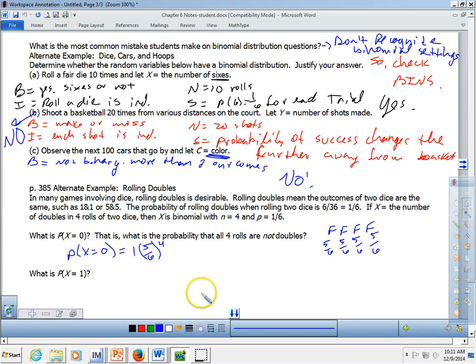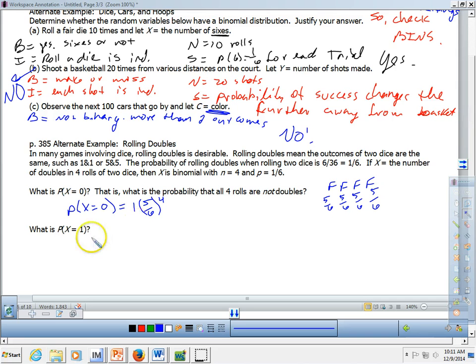We'll move on. What's the probability that we get exactly one set of doubles? Well, let's think about what that would look like as far as our 4 rolls. I could get a doubles as a success and then have 3 failures, or I can get the success on the second roll, or I can get the success on the third roll, or I get the success on the 4th roll.